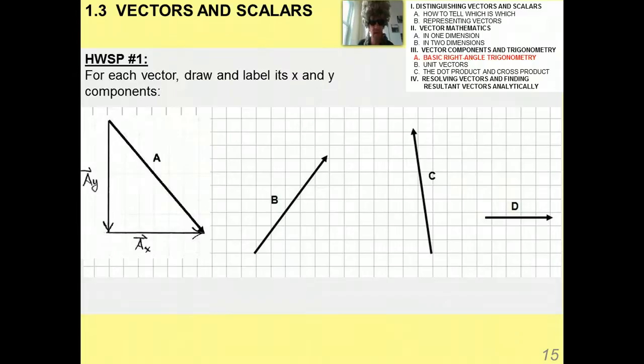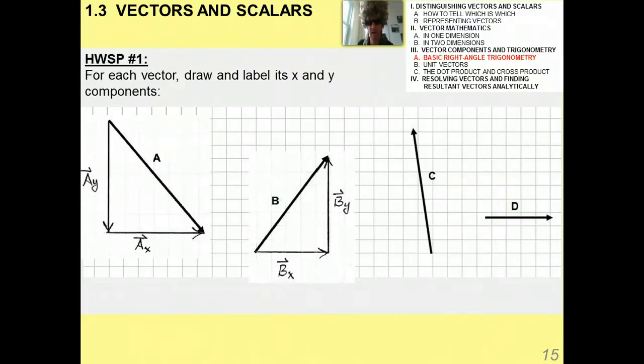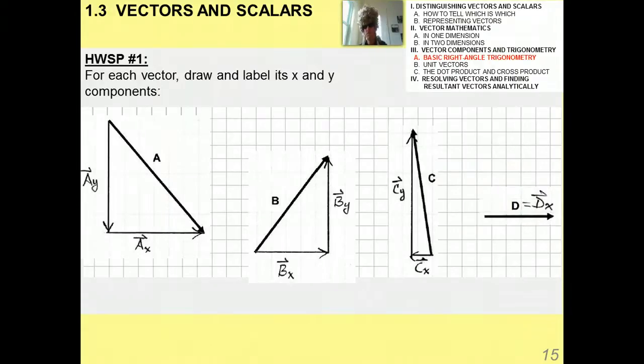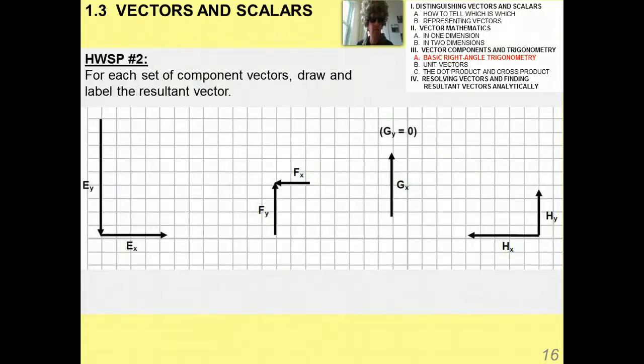Vector b is up to the right, so both bx and by are positive. c is a long vector pointed way up top at just a slight angle to the left, so cy will be much longer than cx, and cx is negative and cy is positive. And vector d, which you may feel is slightly tricking you, is dx. It's all x component. There is no y component to d because it's pointed directly along the positive x-axis.